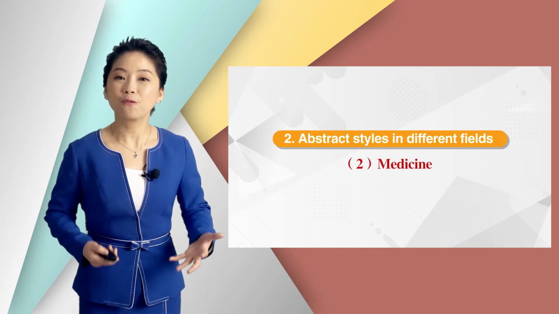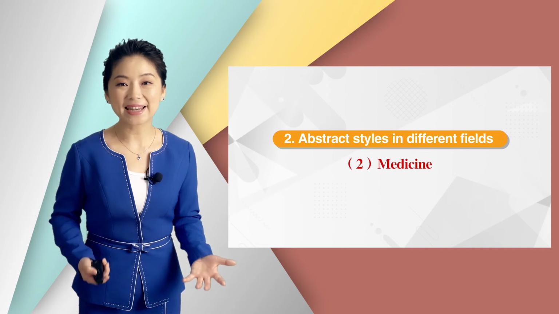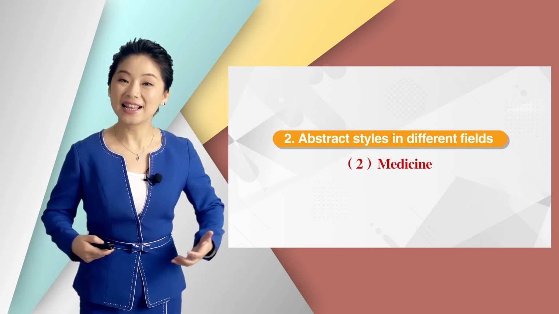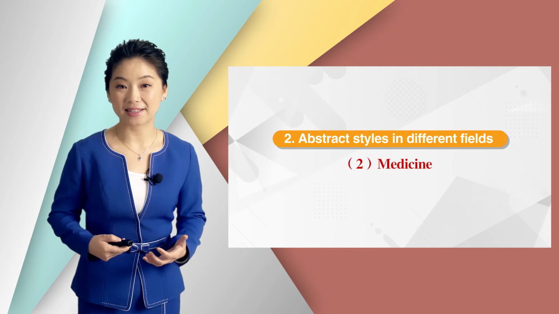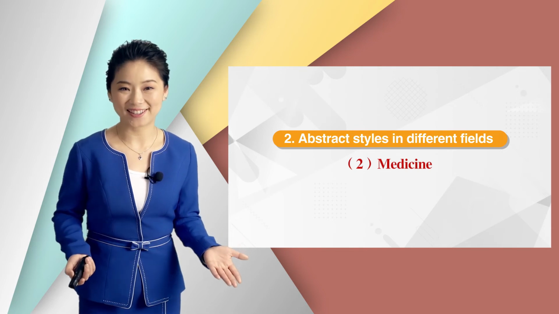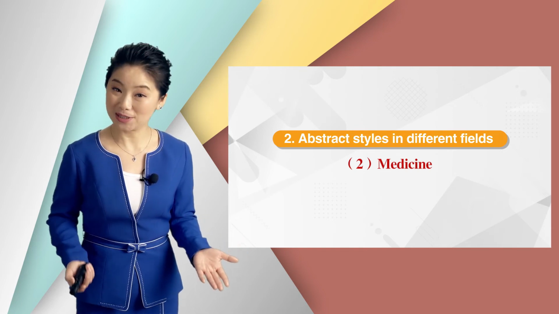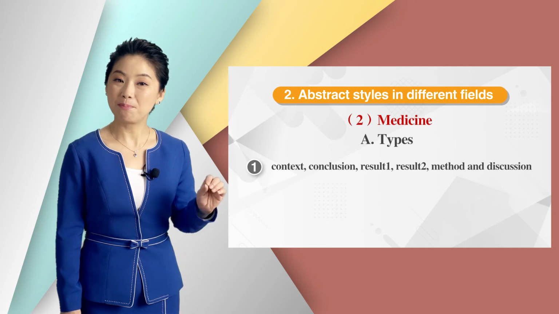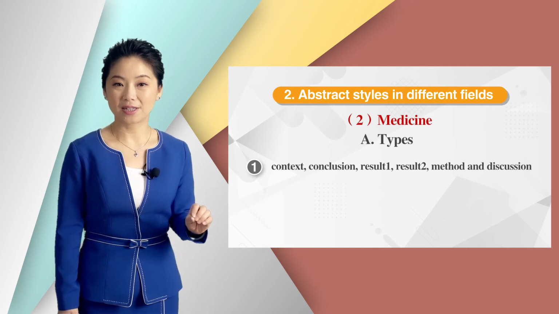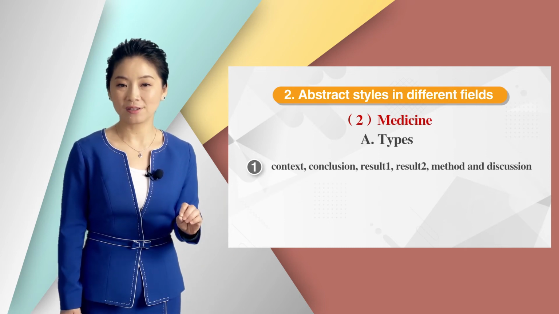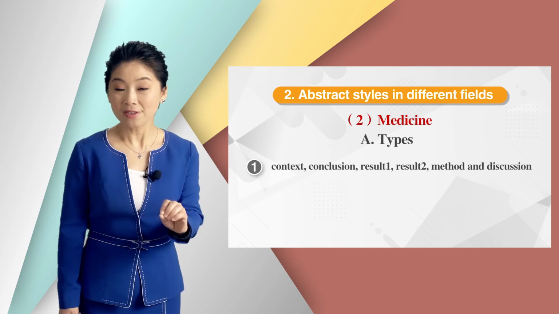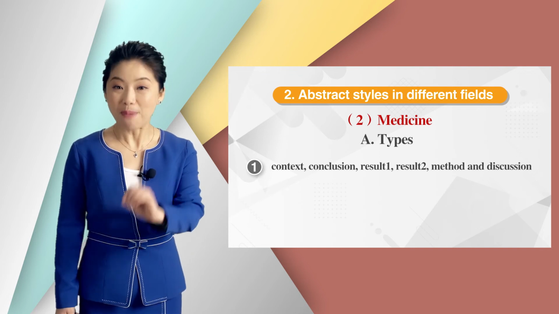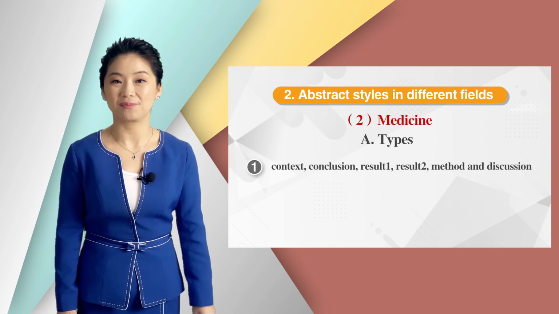But in the field of medicine, the organization of abstracts has some changes. Let's look at two examples. The first one in this field is composed of context, conclusion, result 1, result 2, method, and discussion.